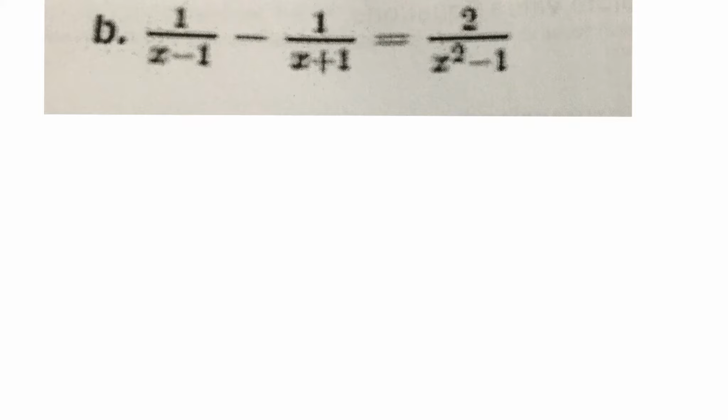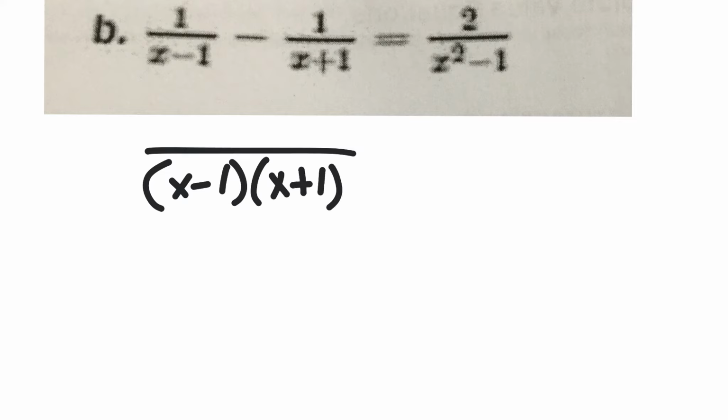So you multiply the 2 denominators by each other to find the common denominator. Same thing. Okay? I need to multiply x minus 1 times x plus 1 to get a common denominator. So we know our new denominator is going to be x minus 1 times x plus 1. It's going to be those 2 denominators multiplied together.